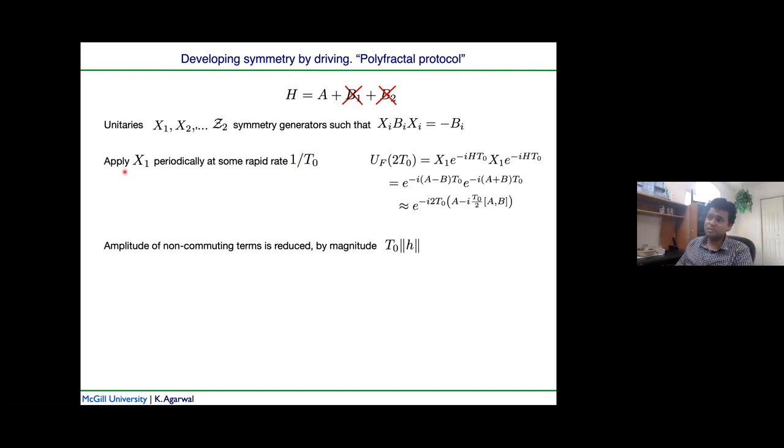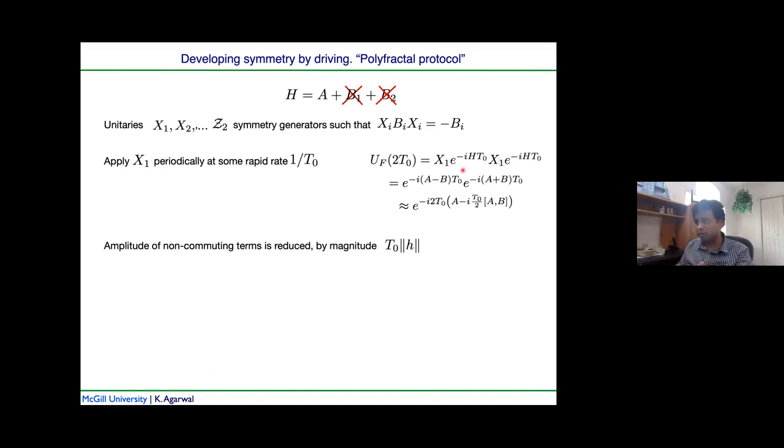Very simple thing. Let's try driving the system by applying x1, this unitary transformation, periodically to the usual time evolution of the system. I'm evolving the system with its own Hamiltonian H for some time period t0. Then I hit the system with x1.